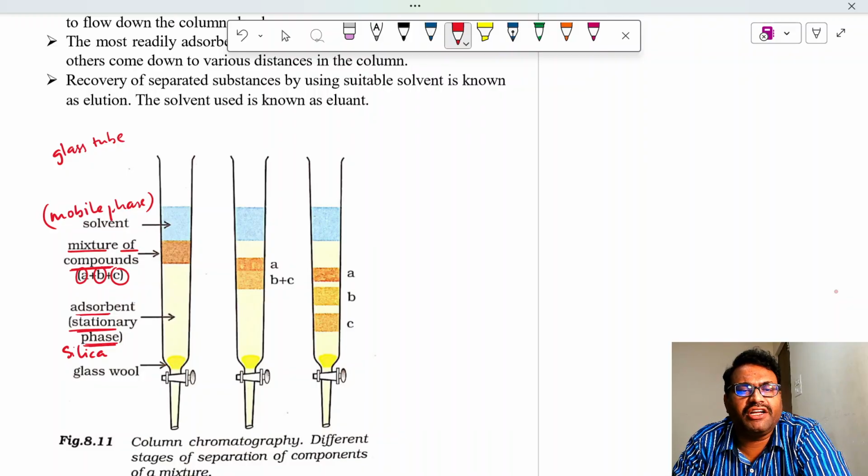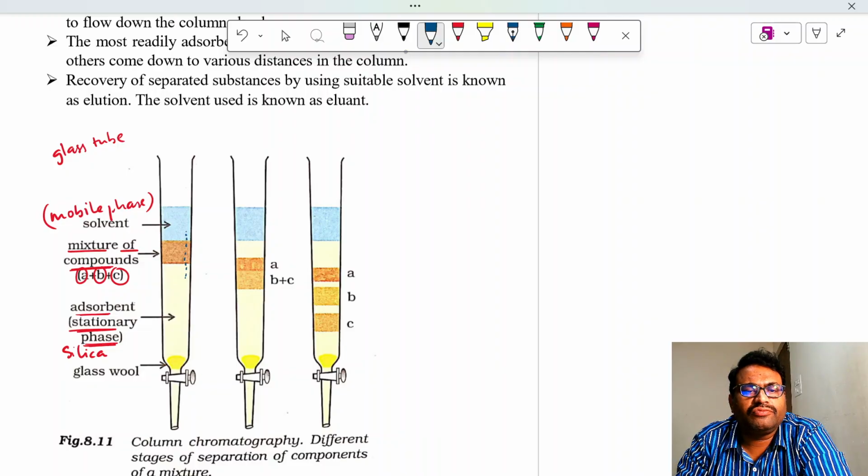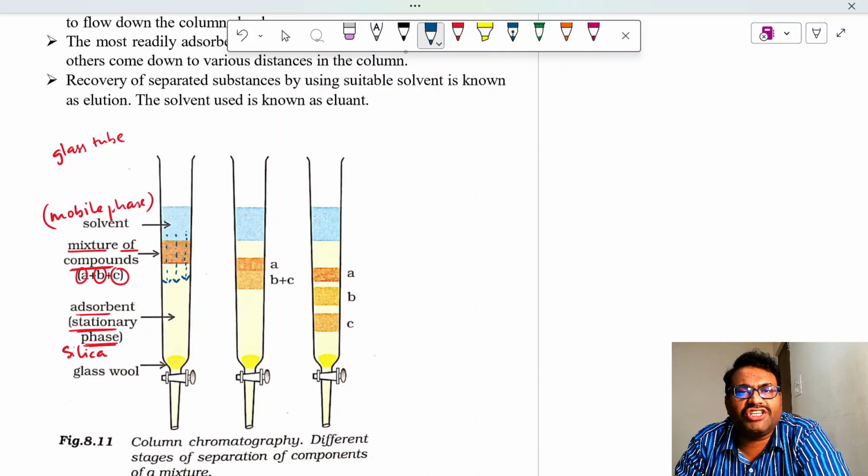Now what you find, this mobile phase slowly moves down over the stationary phase.